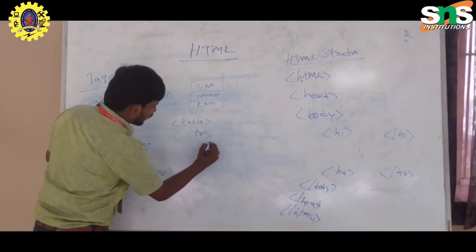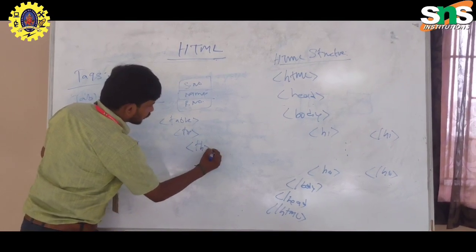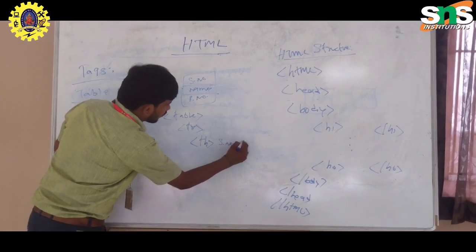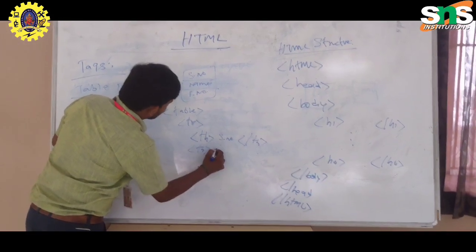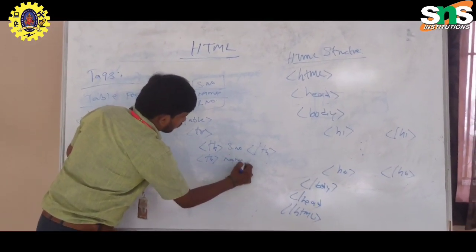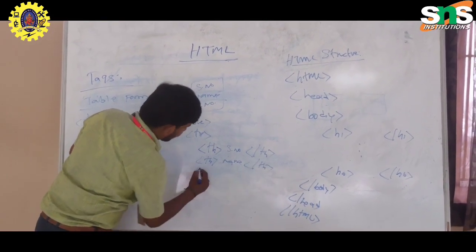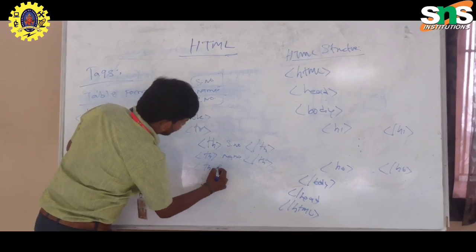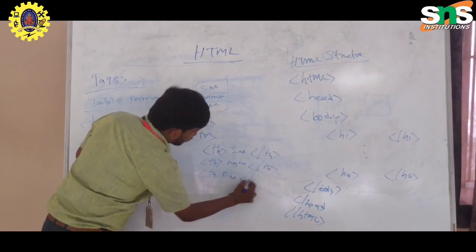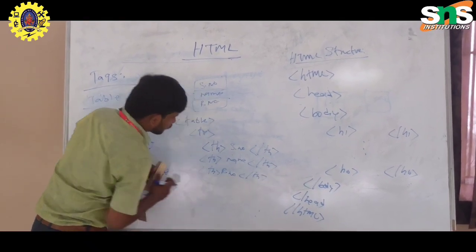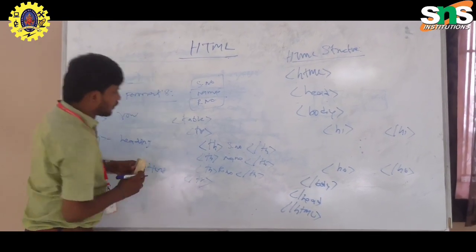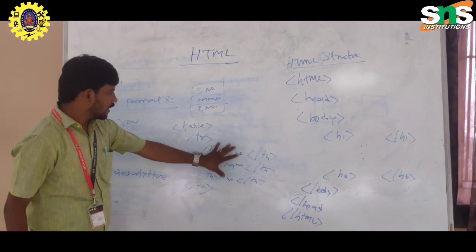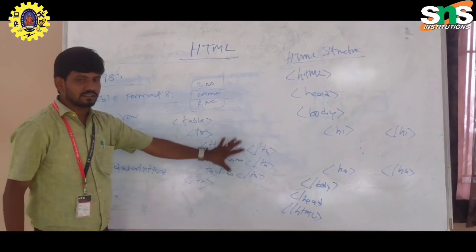Now we create the table headings with TH: serial number, end TH, again TH name, again TH register number, and end with table row. This is how we write the headings inside a table row.